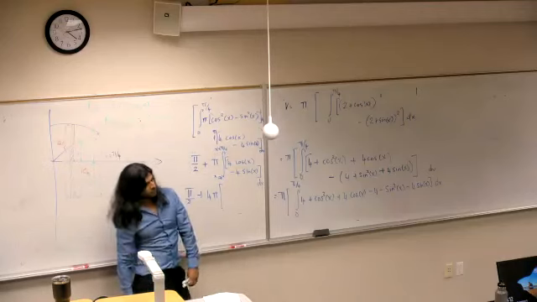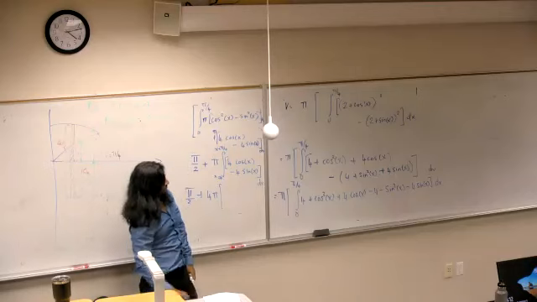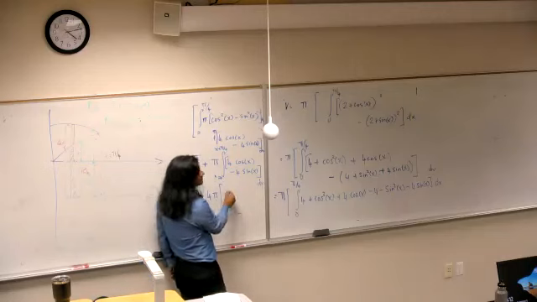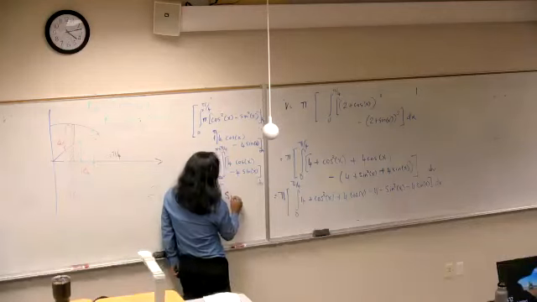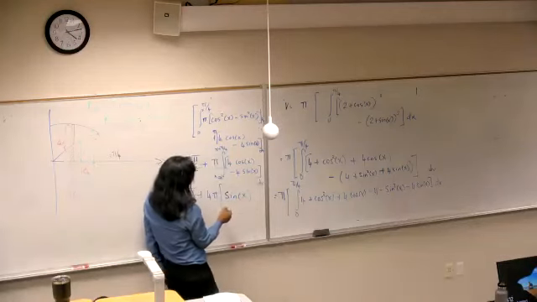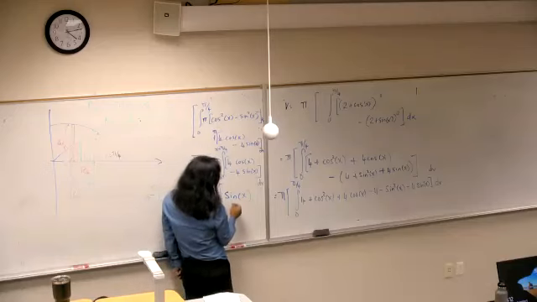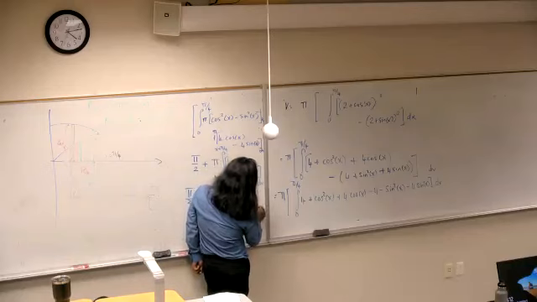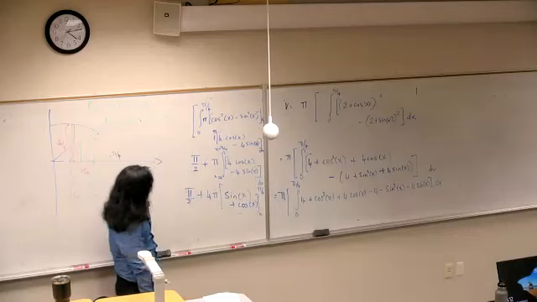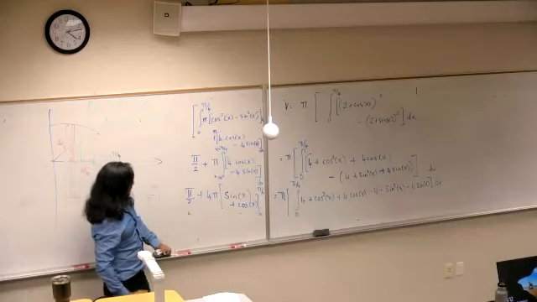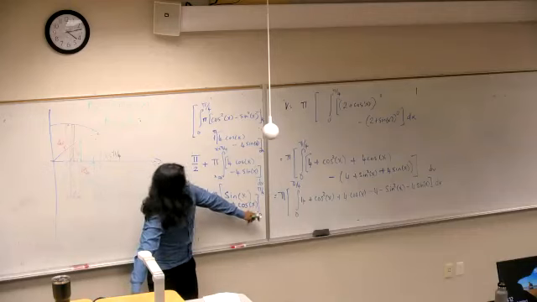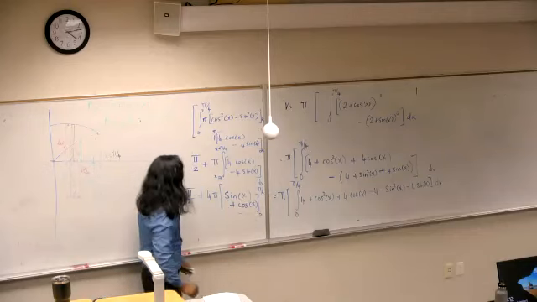What is the integral of cosine? Sine. An integral of sine, negative cosine. Okay, lower limit, upper limit. Plug in the upper limit, sine pi over 4, cosine pi over 4.